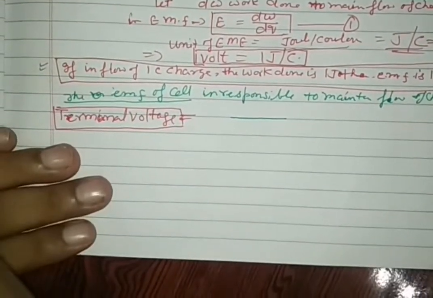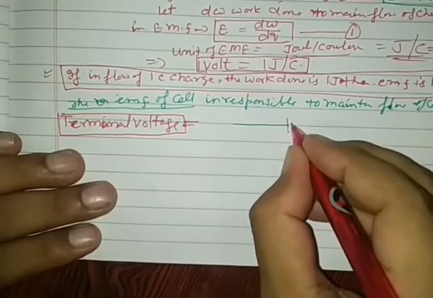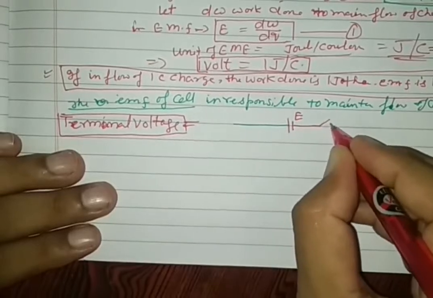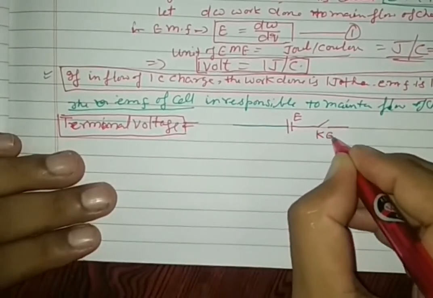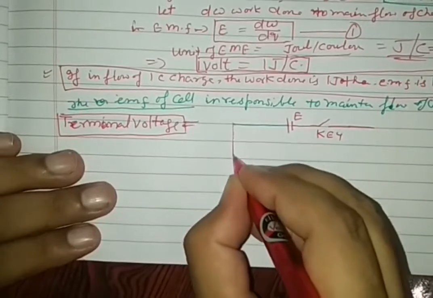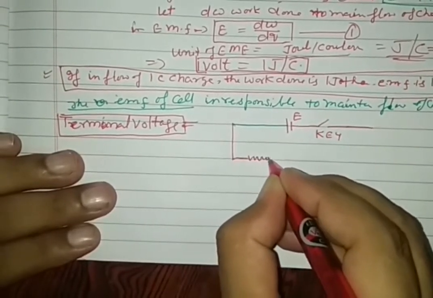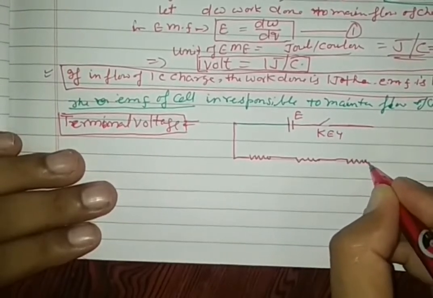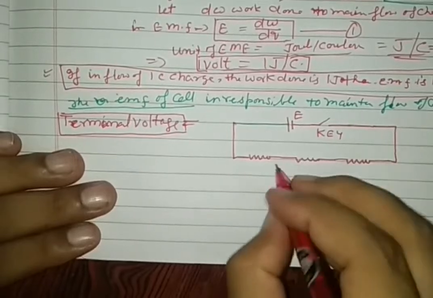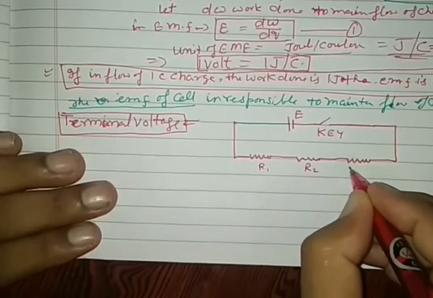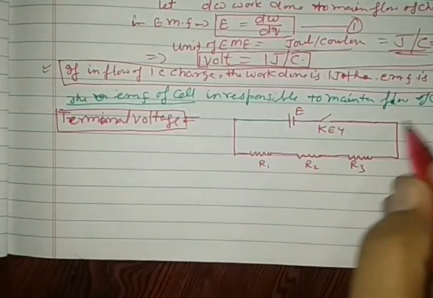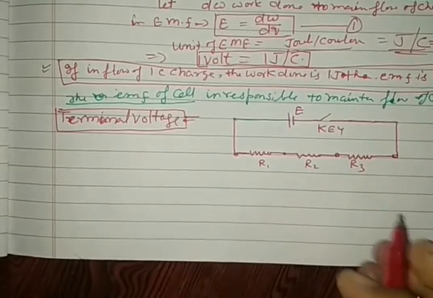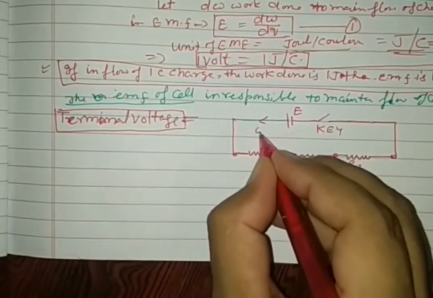Let here be a cell with a key, and in the second part 3 resistances are connected, R1, R2 and R3. These resistances are connected in series, and a current I flows through them.